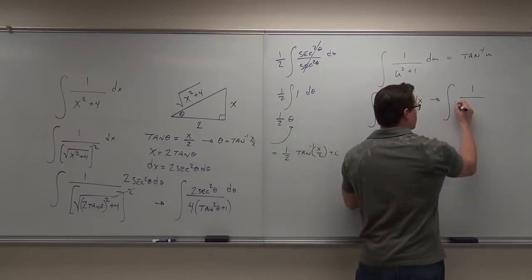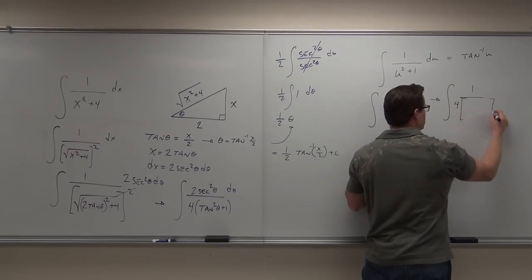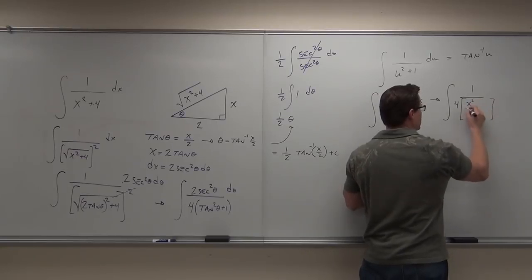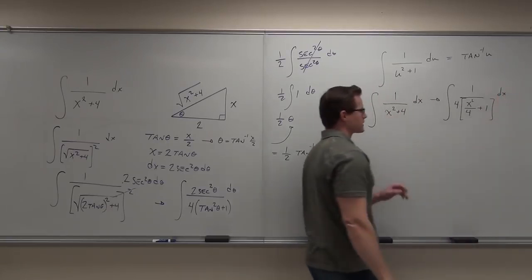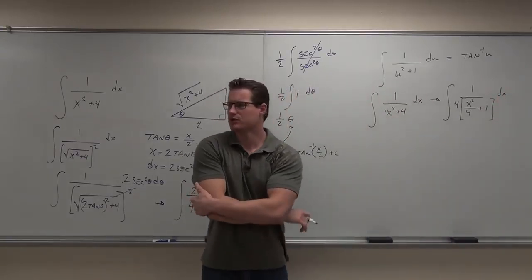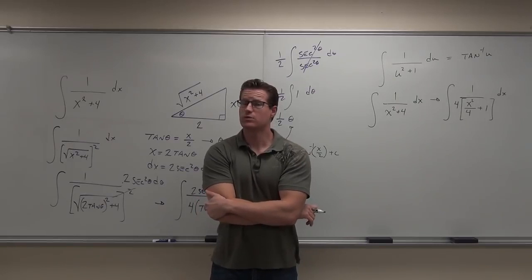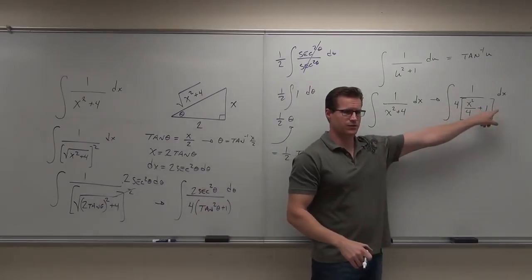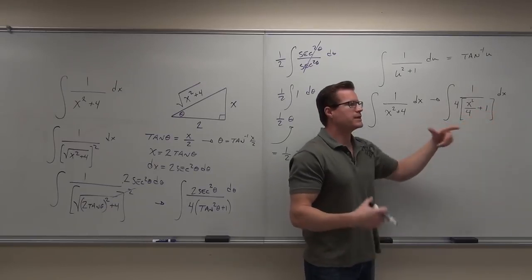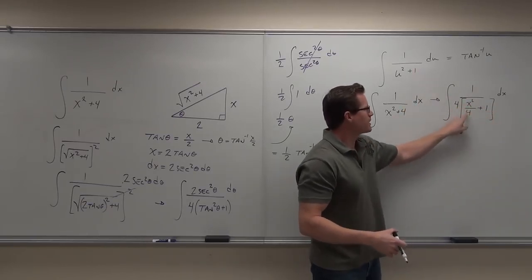Then I'd have 4, and I'd end up getting inside my bracket x squared over 4 plus 1 dx. Do you guys follow the algebra on that? If you don't, just distribute right now, and you'll see that this goes to x squared, and this goes to plus 4. You follow?